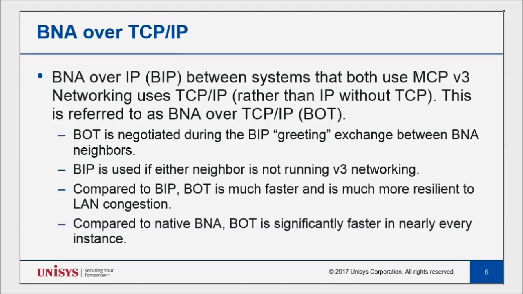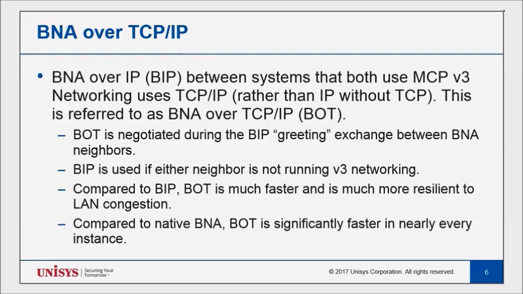Compared to BIP, BOT is much faster. When streaming, data will go in large chunks between the two BNA libraries. It gets sent out in chunks up to 65K, and basically all the way out to the NIC card it stays a chunk of 64K, and then gets broken up into LAN segments.